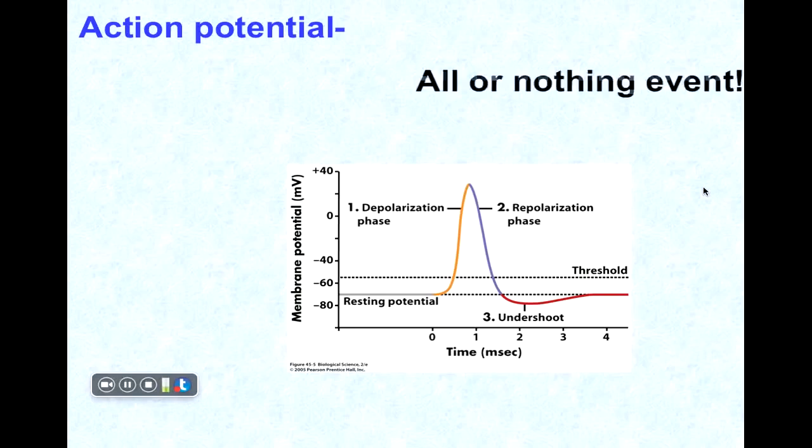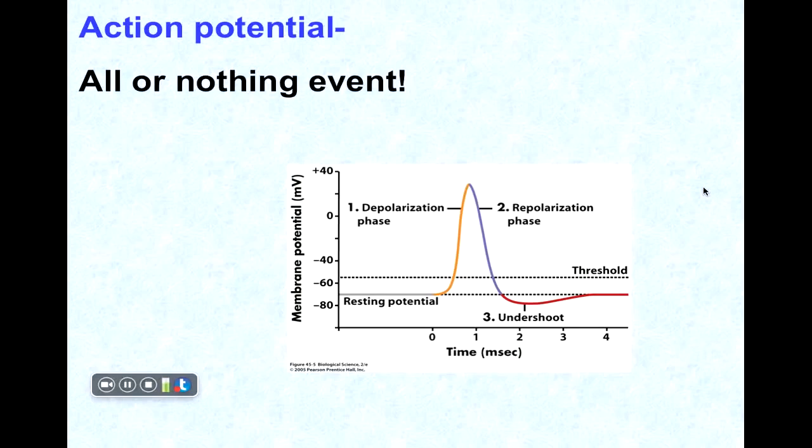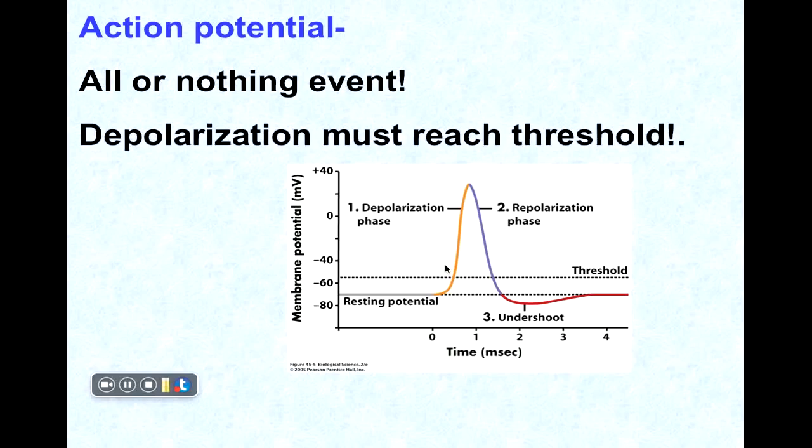So just a few things to keep in mind about action potentials. First of all, these are all-or-nothing events. A cell either sends an action potential or it does not. It does not occur in a graded fashion. Also, keep in mind that in order for a cell to generate and propagate an action potential, the cell must be depolarized to some threshold level.